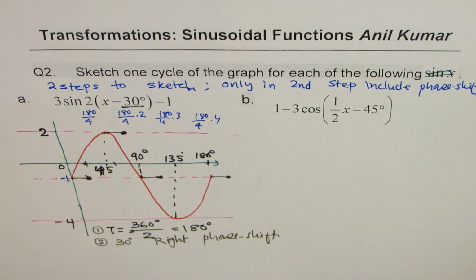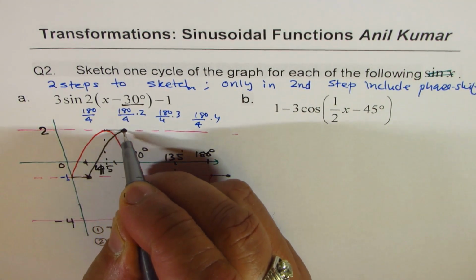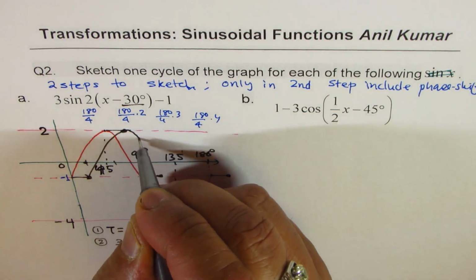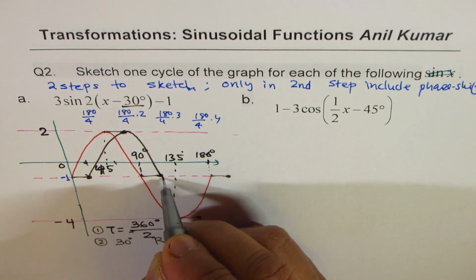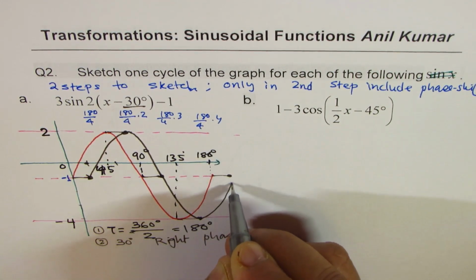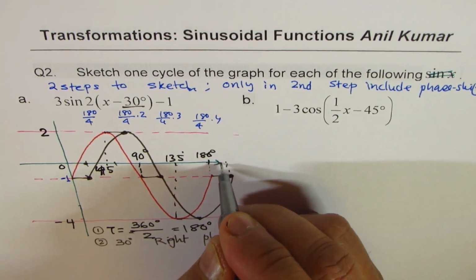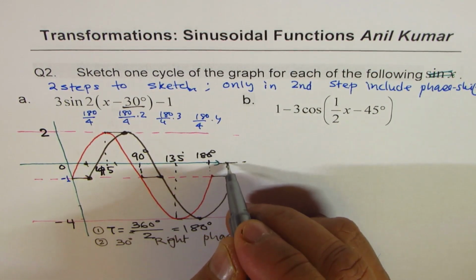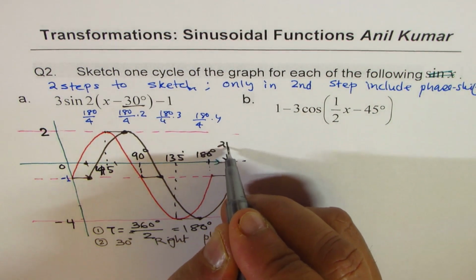Do you see that? And once I have done so, I can combine them, join them with a smooth sinusoidal function, right? This point also 30 degrees. So this wave which I get, and of course the last point here will be 180 plus 30. So what is going to be this point? 180 plus 30 is 210 degrees.